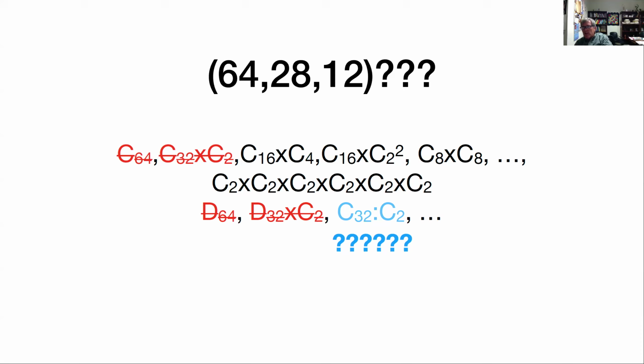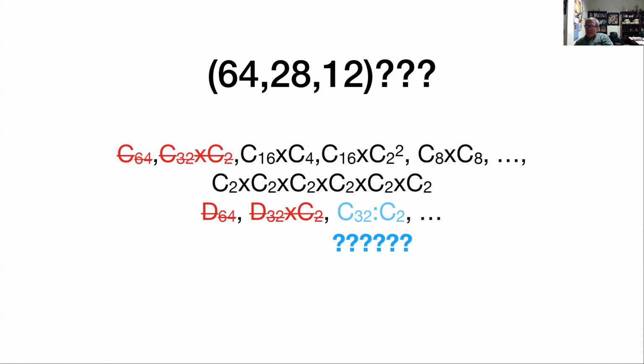The semi-direct product that I have there is my Colorado State connection. It is the semi-direct product where you have a generator X of order 32 and Y of order 2, and Y x Y inverse equals X to the 17. It's called the modular group.